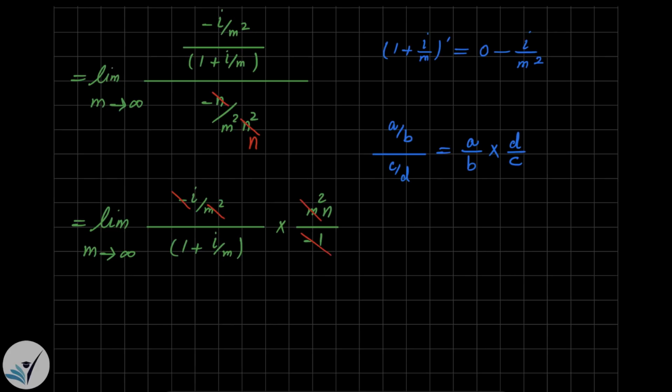What we are left with is the limit as m approaches infinity. We have a fraction. In the numerator we have I times n, and in the denominator we have 1 plus I divided by m.